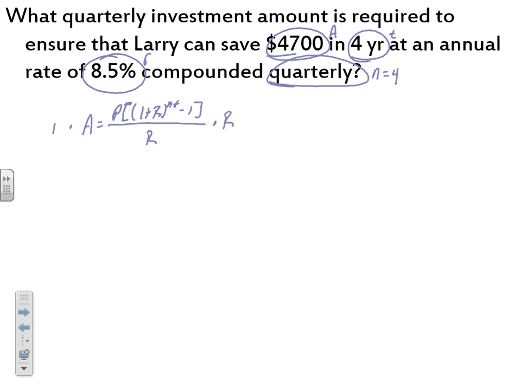So I'm going to get rid of the r out of the denominator by multiplying both sides by r, and I'll get a times r to be equal to the principal amount multiplied by all of this, 1 plus r to the nt power minus 1.